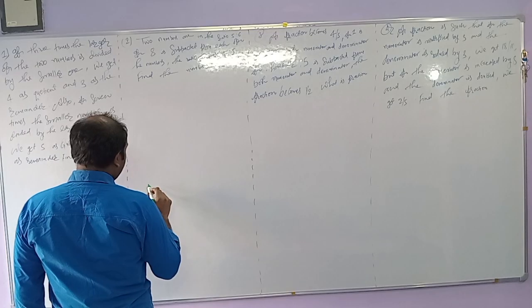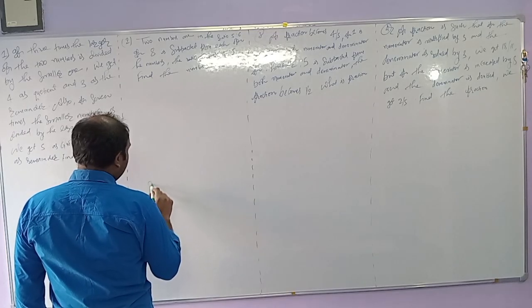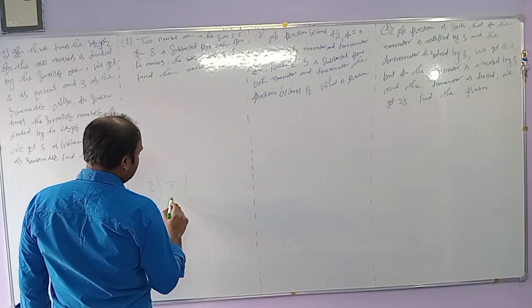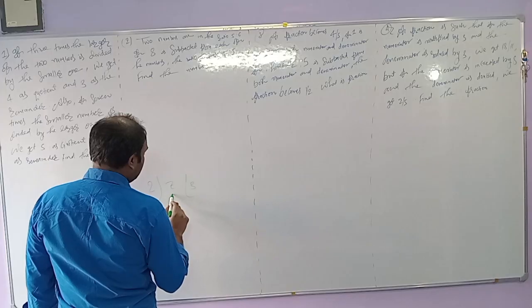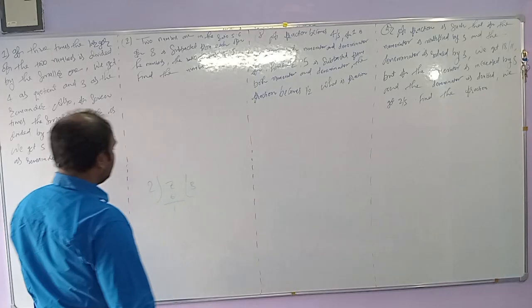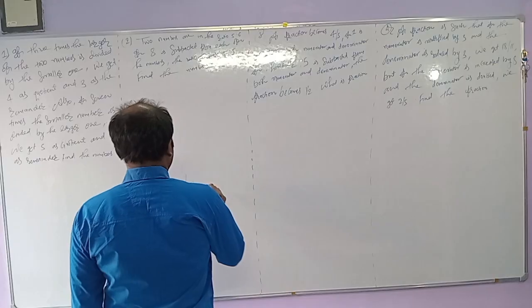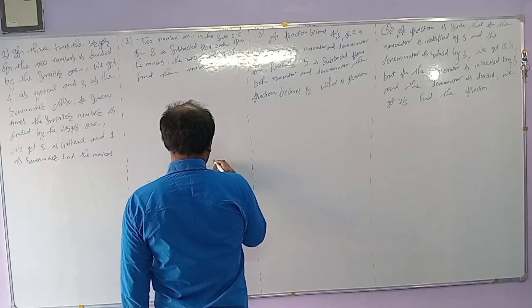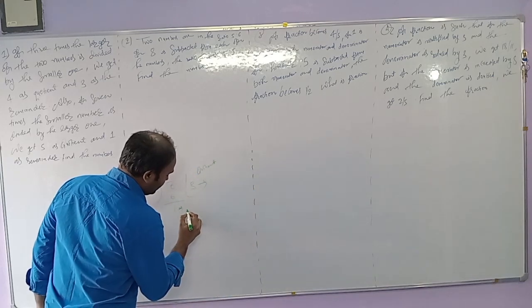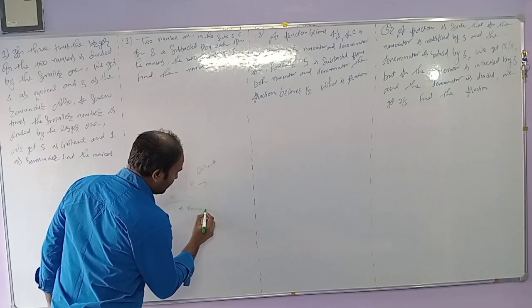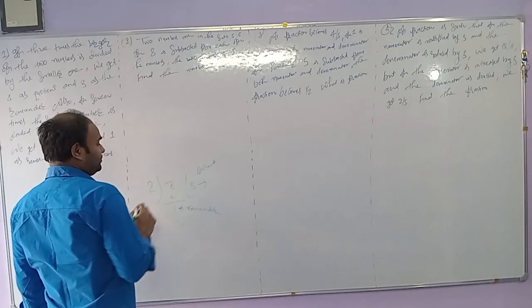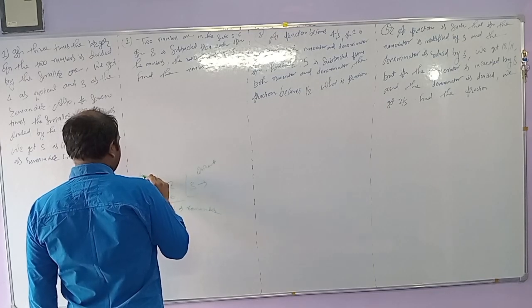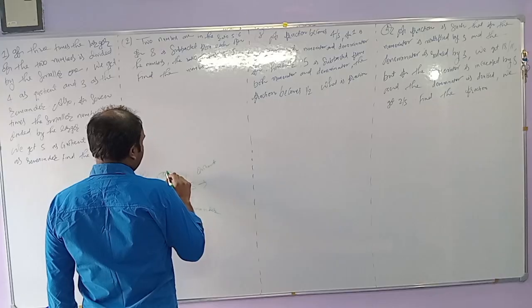So, we just multiply and divide with this, and this is quotient, remainder, divisor, dividend.